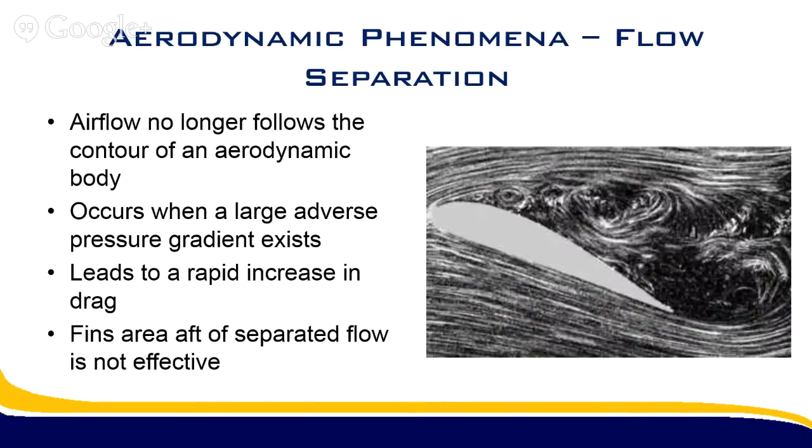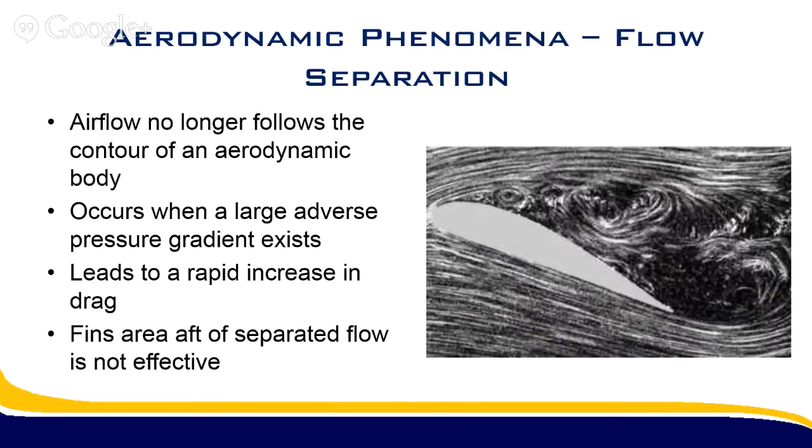Basically, we lose all aerodynamic effectiveness. In turbulent flow, even though it's bouncing around, the flow is still attached to the surface of the body, in the case of the picture on the right, an airfoil. But when that flow separates, it's a harrowing situation.